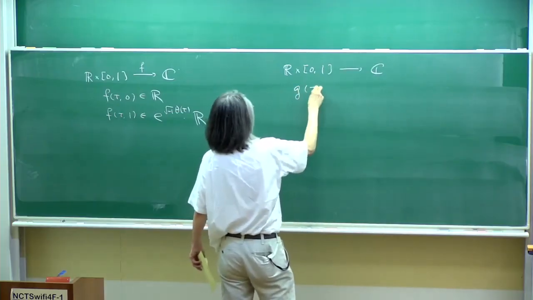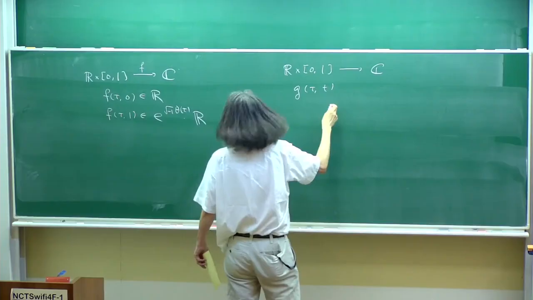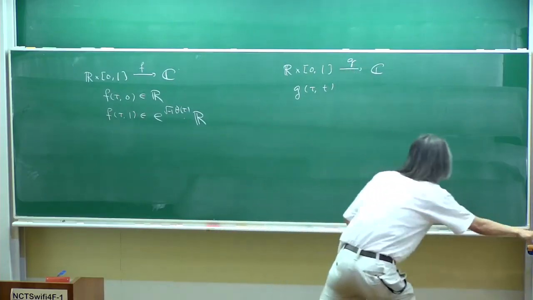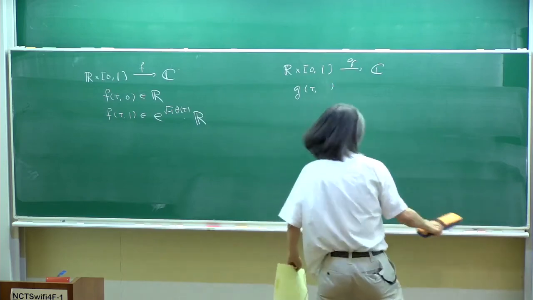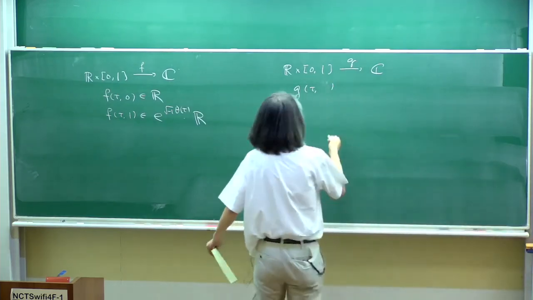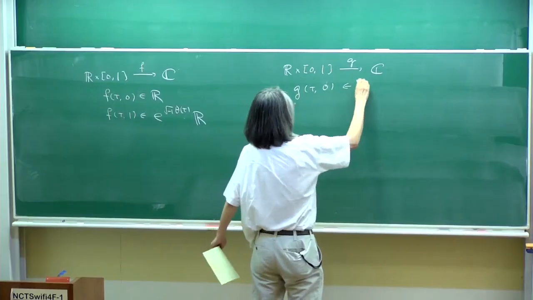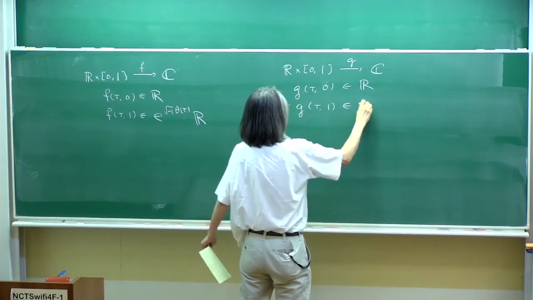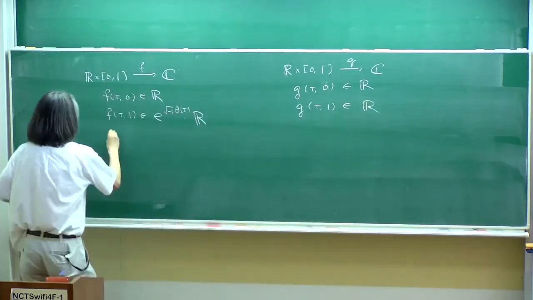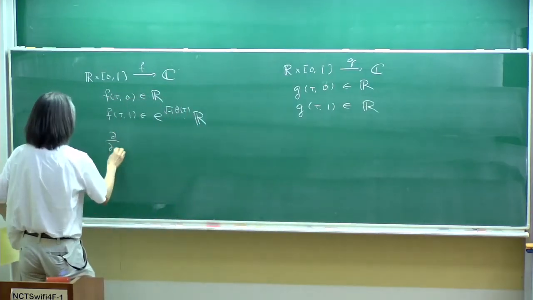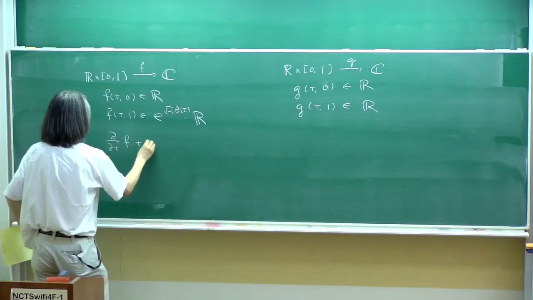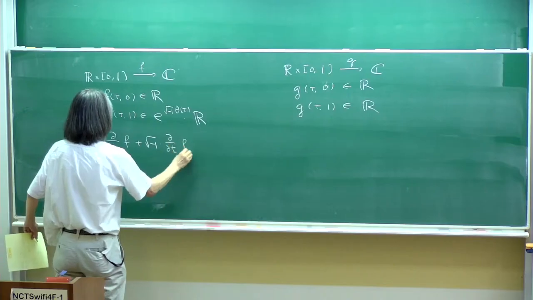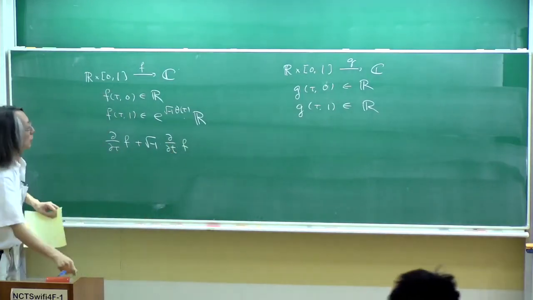So g of tau t, and this. Sorry, this is now g, and g of tau 0 is always real, and g of tau 1 is also real. And then if I consider the operator like d/d tau of f plus square root of minus 1 times d/dt of f, what is the corresponding operator here?